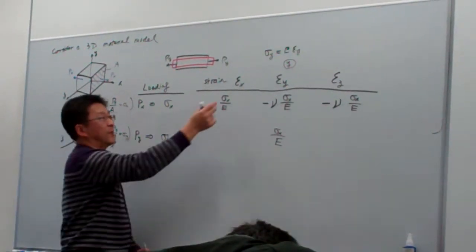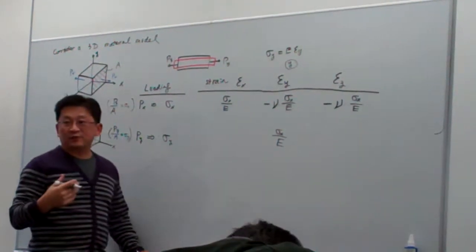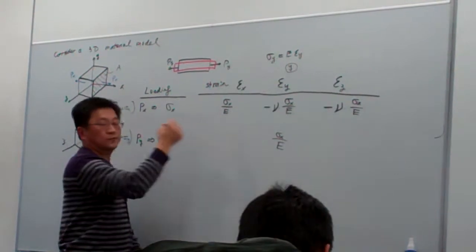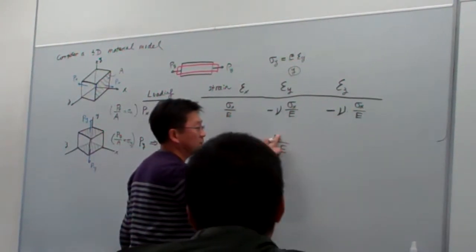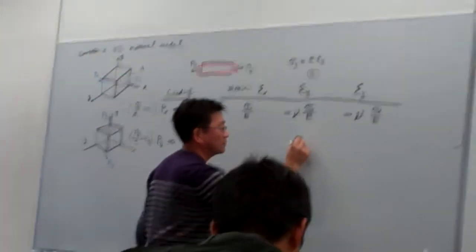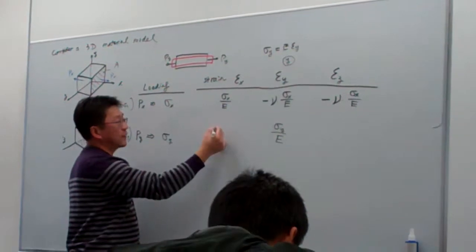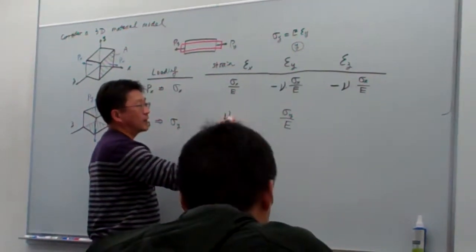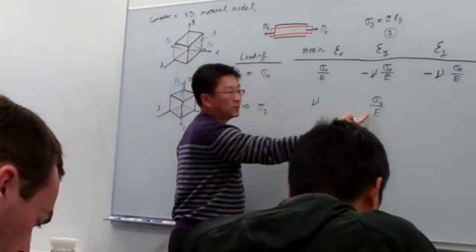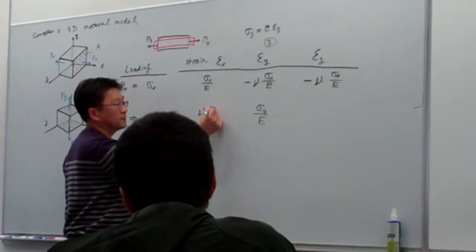And now, with respect to y, x and z are our lateral directions. Would it be sigma y or sigma x? Oh yes, sigma y. Thank you. Thank you so much. Yes. And now, with respect to this one again, the Poisson ratio multiplies the axial strain to give the lateral strain, which is this one.